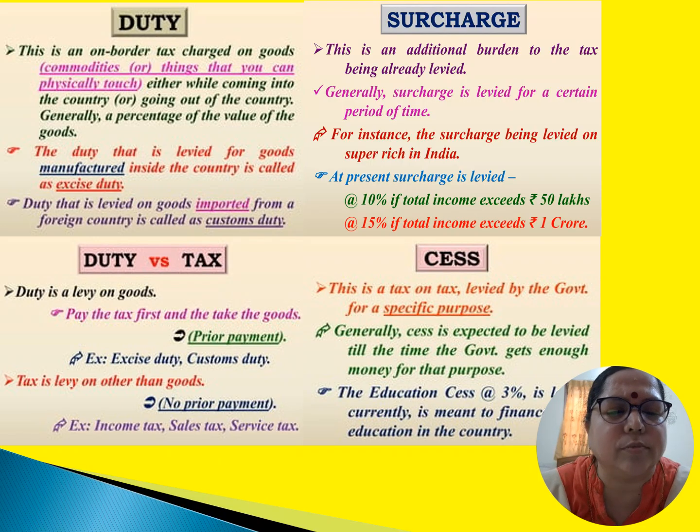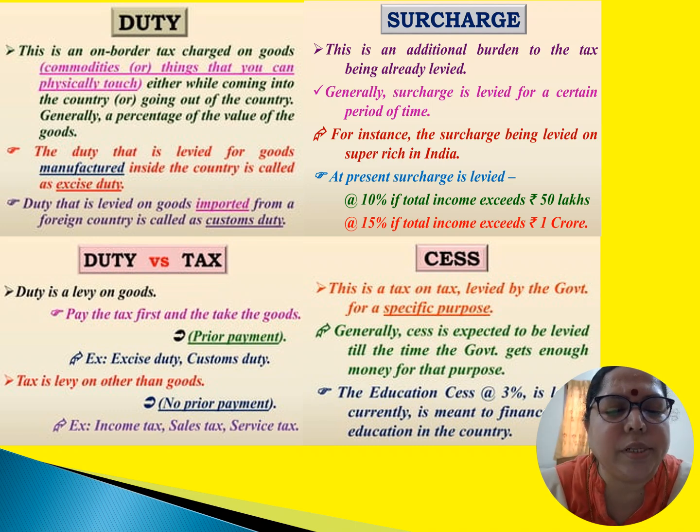Then duty versus tax. What is the difference? Duty is on the goods and we have to pay this duty first and then take the goods. So before paying the duty, we cannot claim the goods. We can take possession of the goods only when the duty is already paid. Thereafter, we can take possession of the goods.